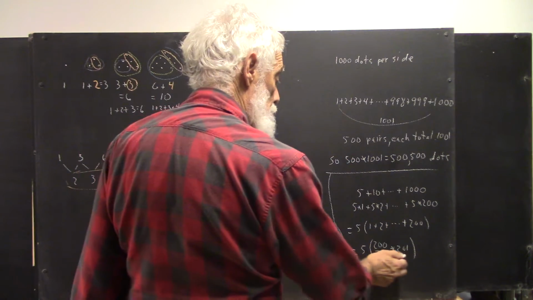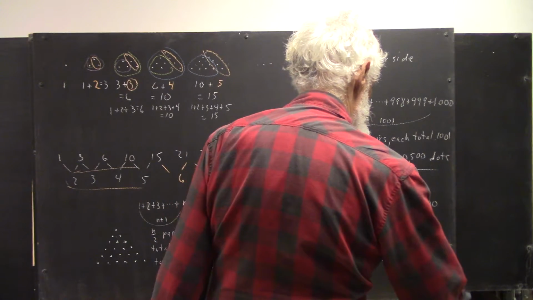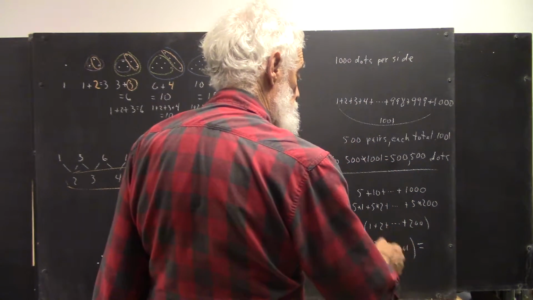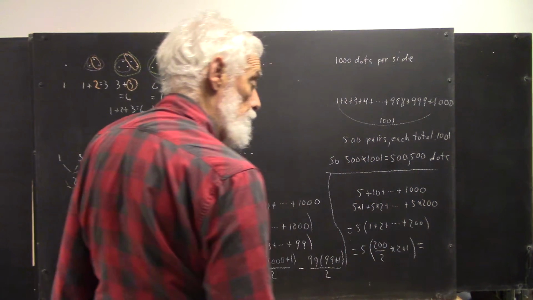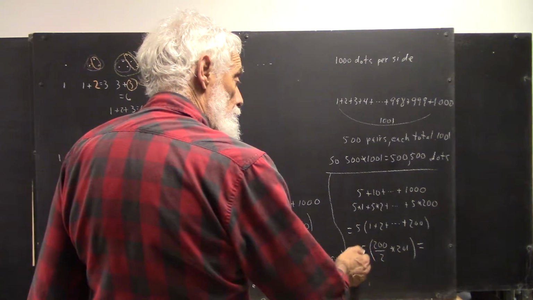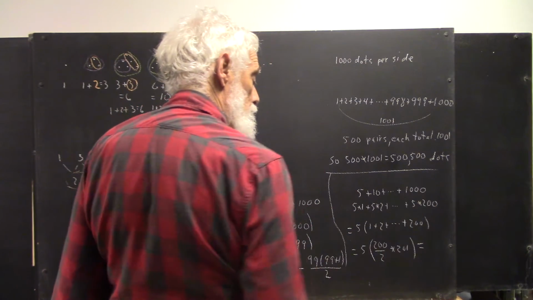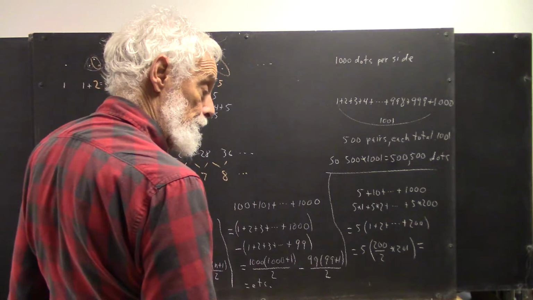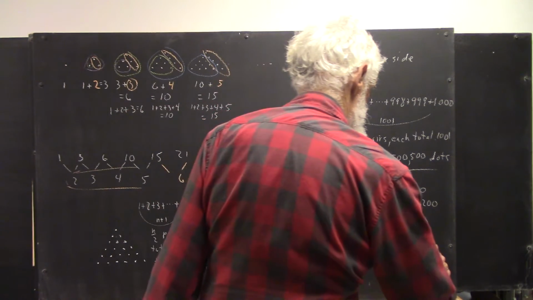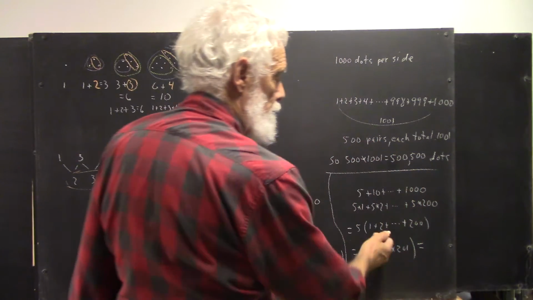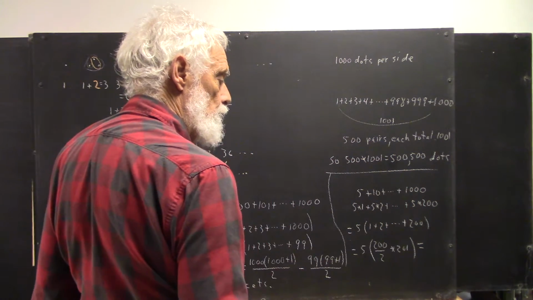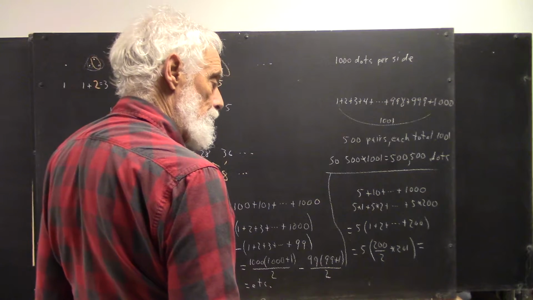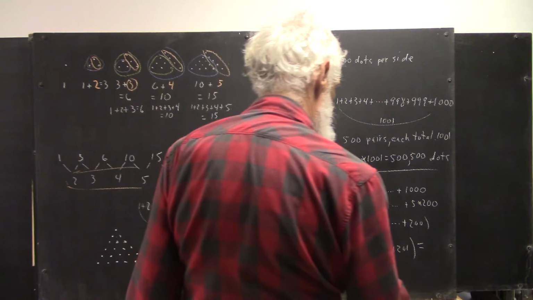So we multiply this sum, well, this is a product now, but this represents the sum from 1 to 200. We multiply that by 5 and we get the sum from 5 to 1,000, counting by 5s. And what do we get? That's 100 times 201 is 20,100 times 5 is 100,500.